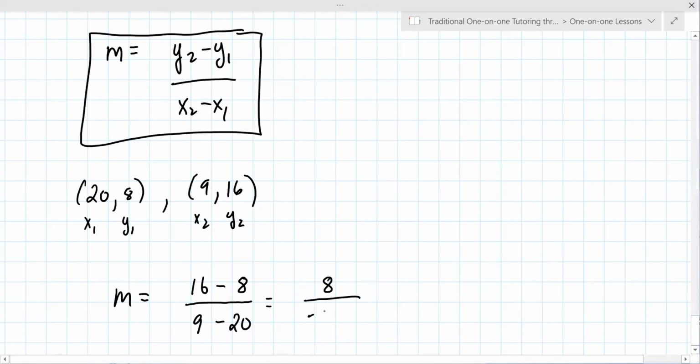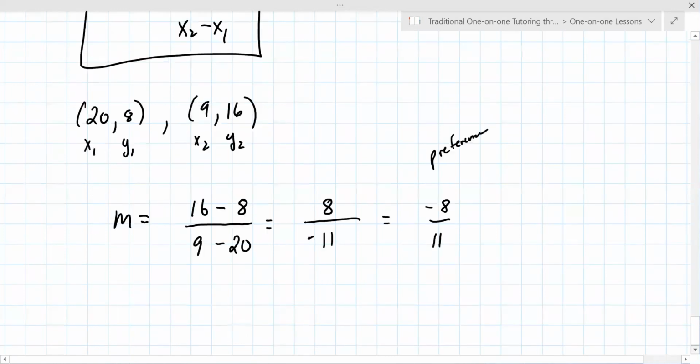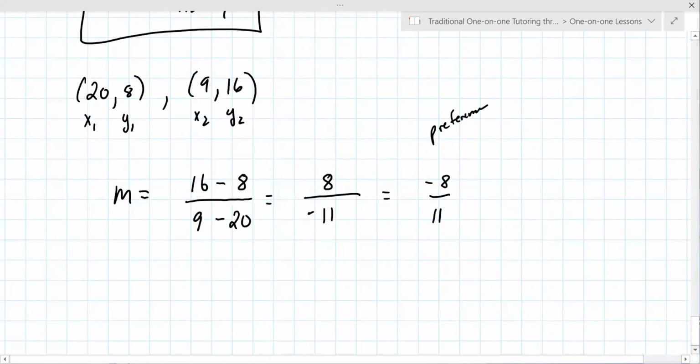Negative 11. Now, as a preference, the negative generally goes up top. So this would be -8 over 11. Wait, what? Why? It's just a preference. It's like the preferred way of doing things. I don't have a better explanation than that, unfortunately.